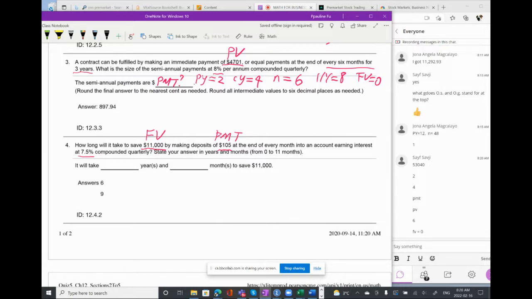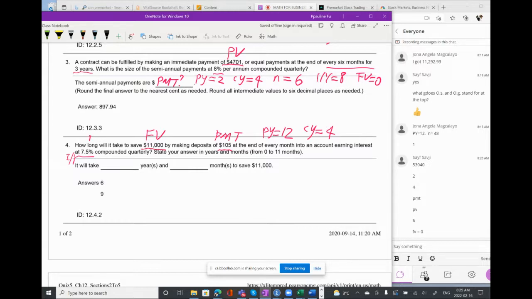Okay. Every month means PY equal to 12. In 1 year you make 12 payments. CY, number of interest compounding per year. Compounded quarterly, CY equal to 4. And then we have interest, IY, 7.5 is IY. Okay. How long?